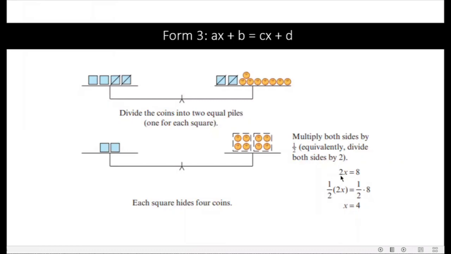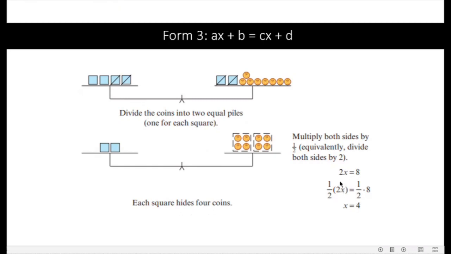So, para ma-eliminate yun, kuhanan yung kanyang multiplicative inverse and that is 1/2. Pagdating naman sa ating pictorial representation, so yung ating left and right, we're going to divide the coins into two equal piles, one for each square.